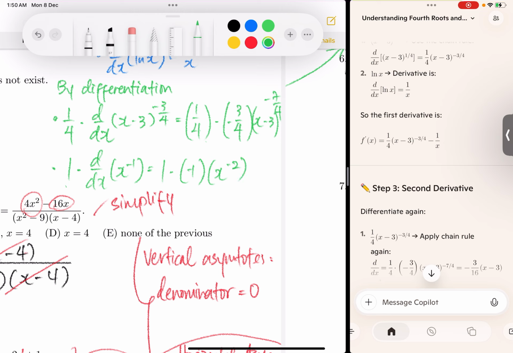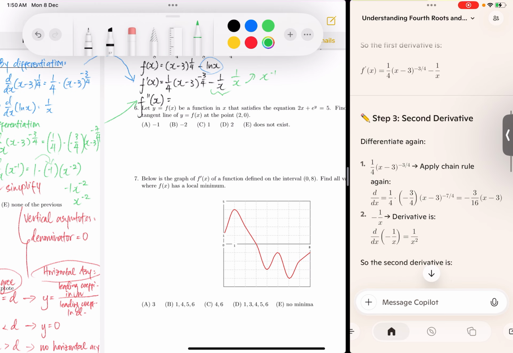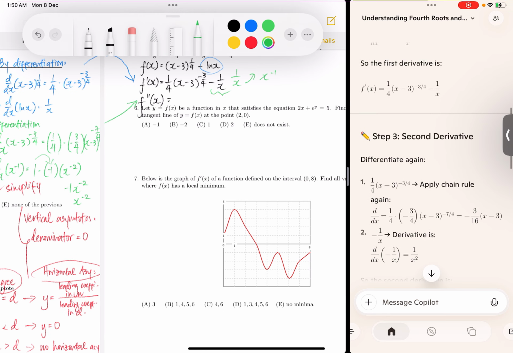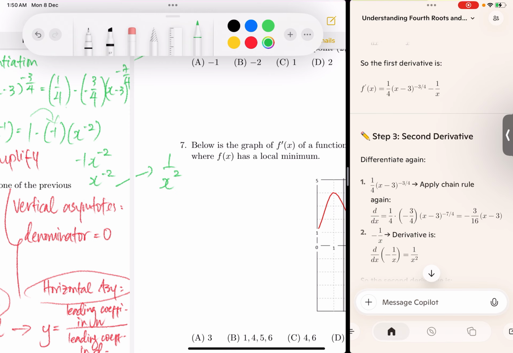So that will be negative 1 x to the negative 2, because 1 times negative 1 is negative 1, and then it will just be negative 2. Then we can change this from negative 2 to just 1 over x to the power of 2.